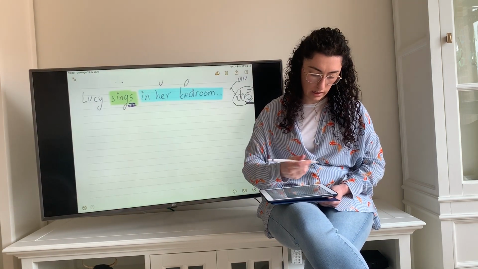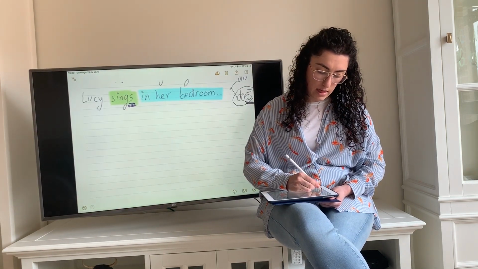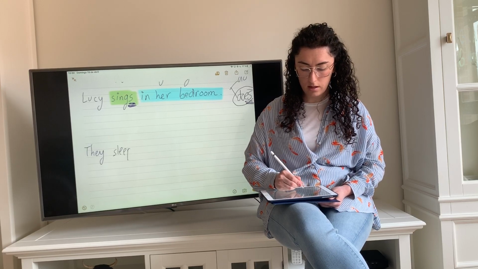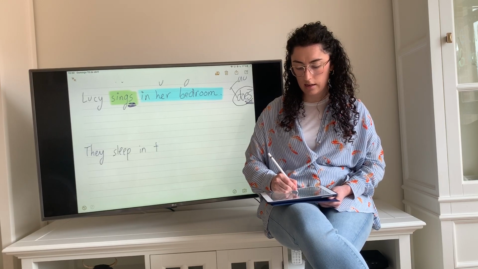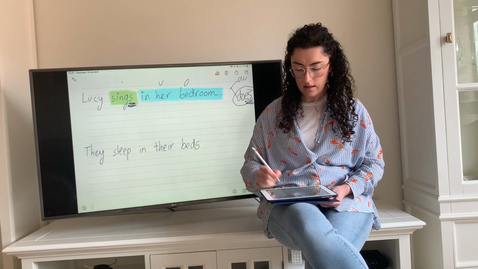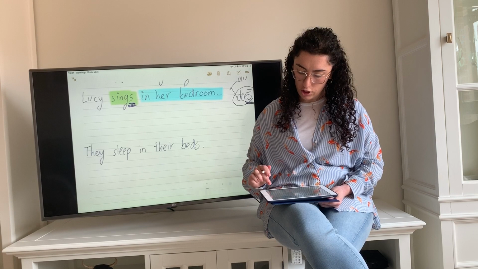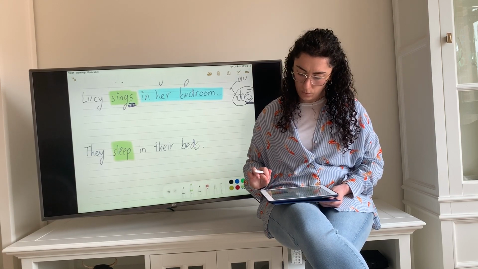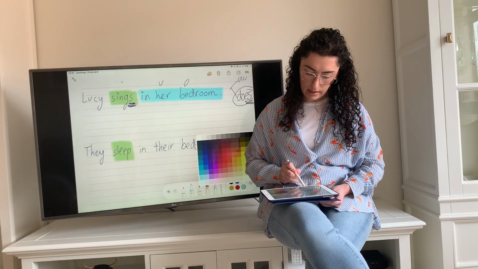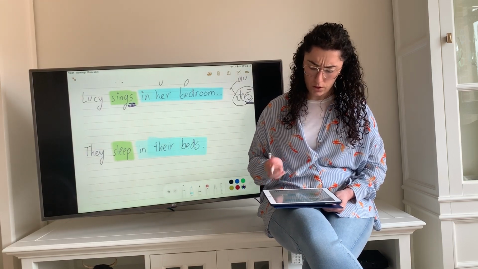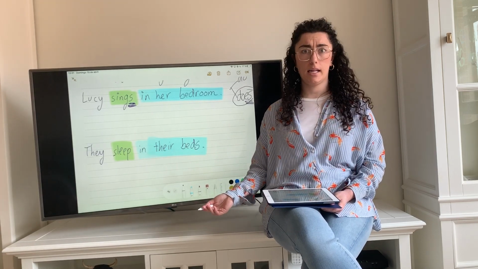So let's go here. Let's come here and say, they sleep in their beds. And we need to highlight sleep, and then we need to highlight in their beds. Okay, so now what is in their beds?